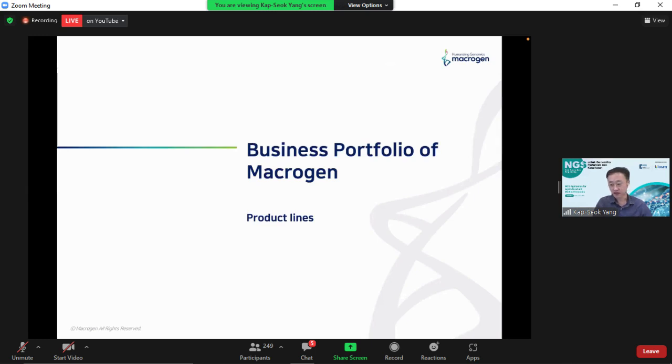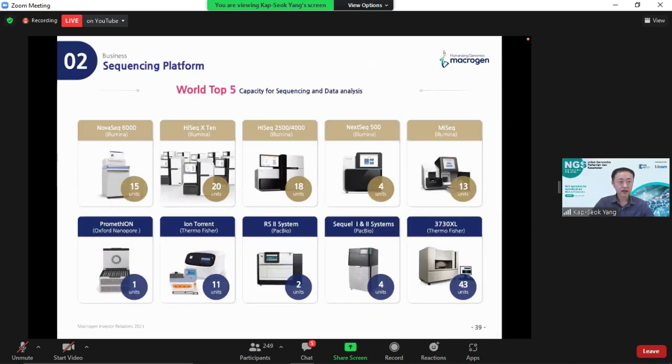And with the time left for me, about 5 minutes, I will briefly introduce Macrogen's product portfolio. These are the sequencing platforms Macrogen has. We have a world top 5 capacity for sequencing and data analysis, including non-profit organizations.